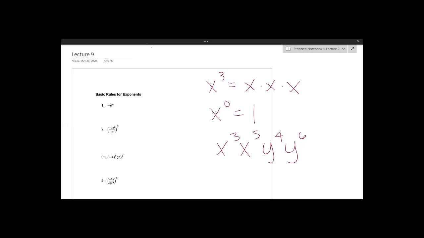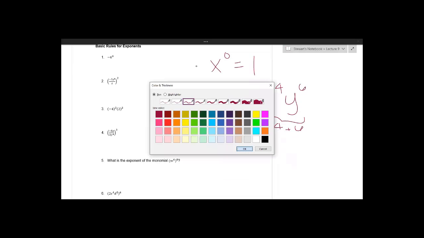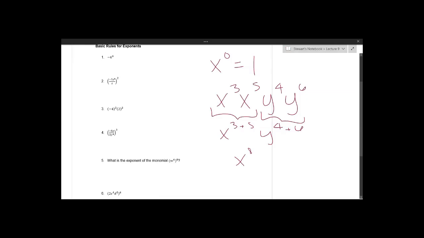You'd add the exponents together for the like variables, so for the x's and then for the y's. So you'd have x to the 3 plus 5, y to the 4 plus 6. Overall, you would have x to the 8th, y to the 10th.